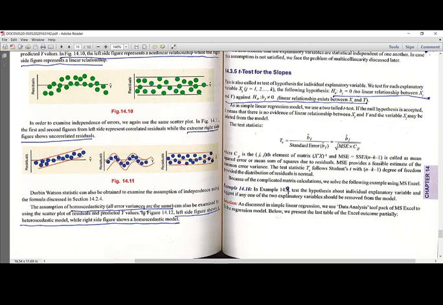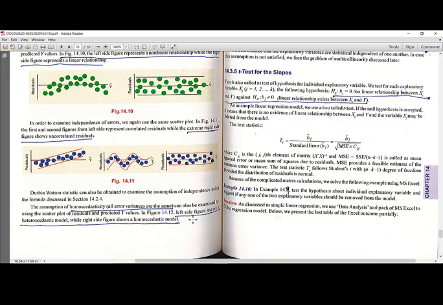The Durbin-Watson statistic can also be obtained to examine the assumption of independence, using the formula which we have already discussed. The assumption of homoscedasticity, that is, all error variances are the same, can also be examined using the scatter plot of residuals and predicted y-values.